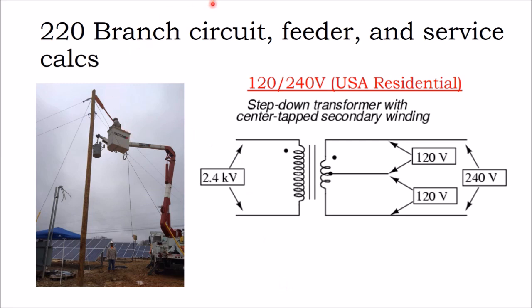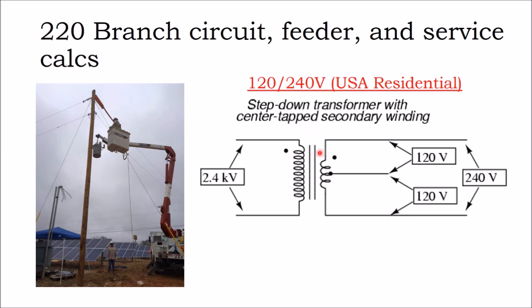So then we get to branch circuit feeders and service calculations, and this 120/240 split-phase voltage is the typical U.S. residential service. What we have is an actual 240 volt service coming in from this transformer on the side of the power line. So this is what the transformer looks like. That transformer is hooked into a distribution circuit that is running at about 2,400 volts.